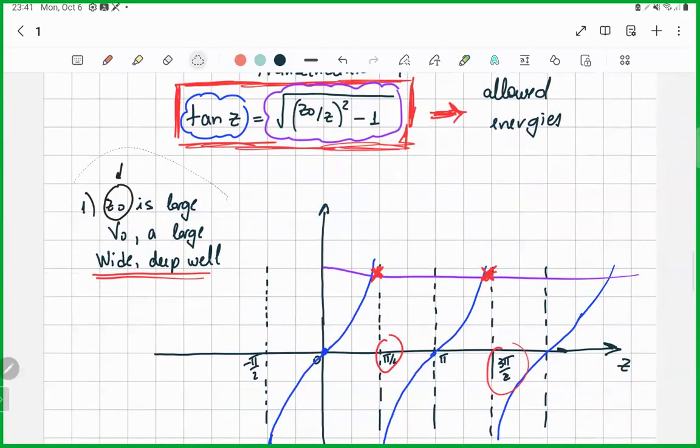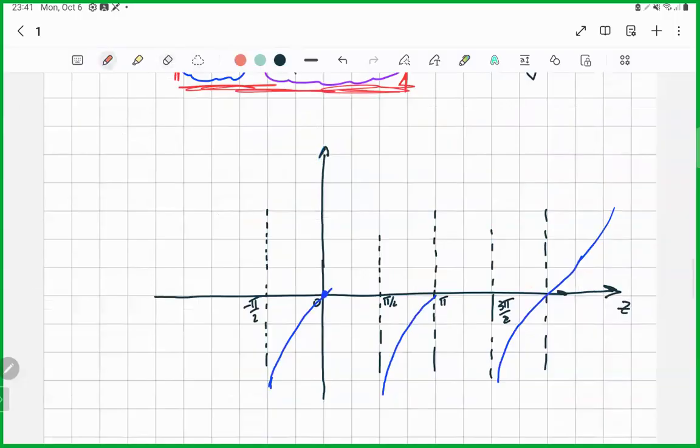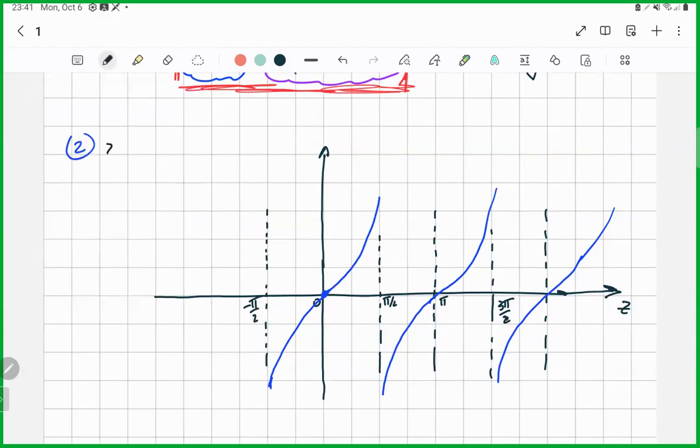Let me erase this special case that we talked about, and keep our tangent here. For this second special case, there are no numbers to be given. It is the other extreme, the case where Z naught is really small, tiny, tiny.